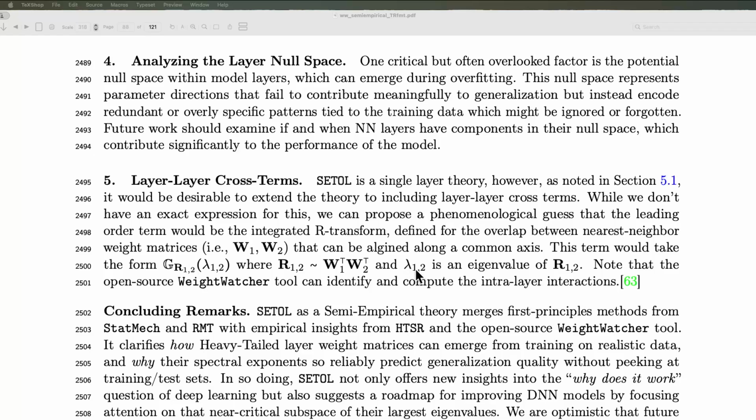So basically you look at the spectral density of the overlap between the different weight matrices. And WeightWatcher can do this. If you run WeightWatcher and you use the term intra, it will compute the spectral density and the singular value decompositions between these layers. It will attempt to identify all the various layers, the nearest layers, and couple them.